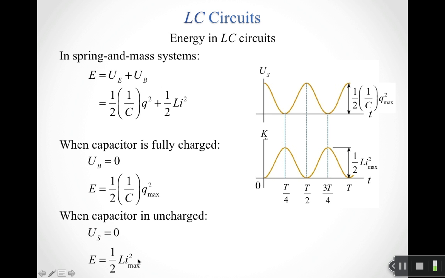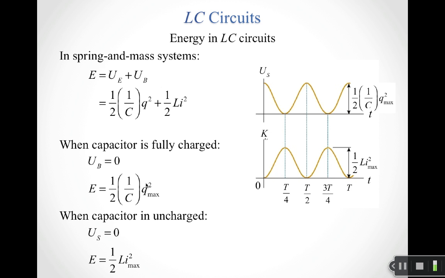But either of these values has to equal each other, because it's just another way of saying the total energy in the circuit, and they have to equal the total energy at any point in time. So at some point where there is some current in the circuit and some charge on the capacitor, the total energy still has to equal either of these values.